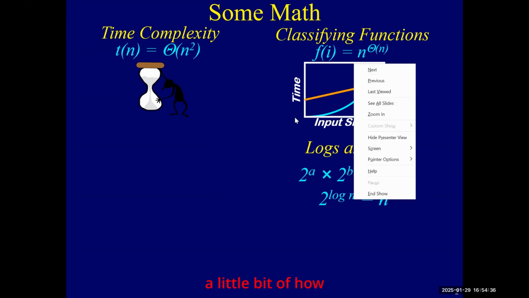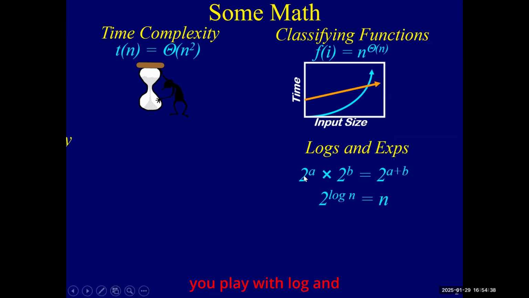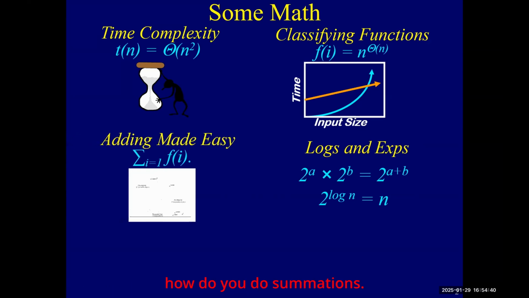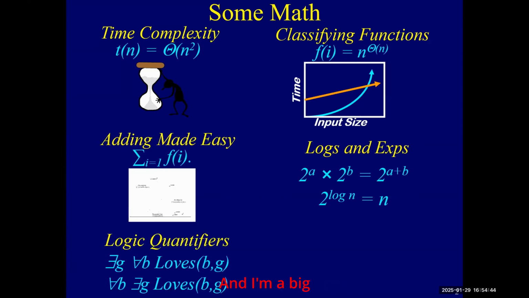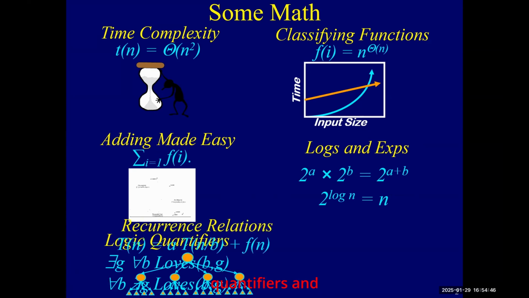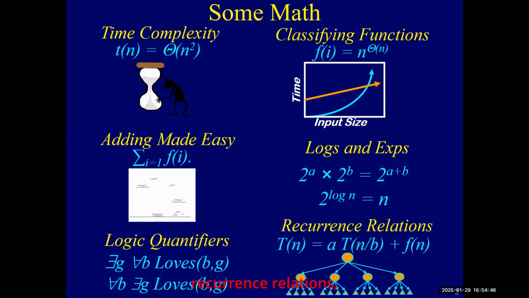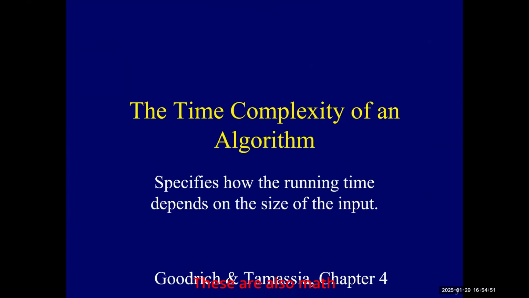And then you need a little bit of how you play with logs and how you do summations. And I'm a big believer in knowing quantifiers and recurrence relations, right? These are all some math that we could go on. I guess this is the book that people could use for this course. It has a chapter on it.